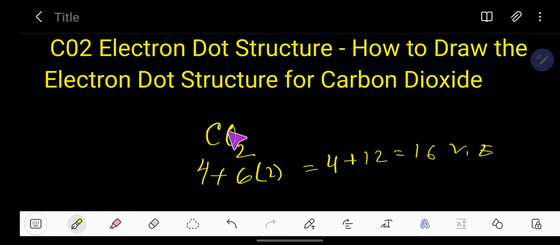The first task is to connect these 3 atoms together, and the second task is to satisfy the octet for all the atoms, and you have to satisfy the octet of all the atoms in such a way that the formal charge for every atom tends to 0.